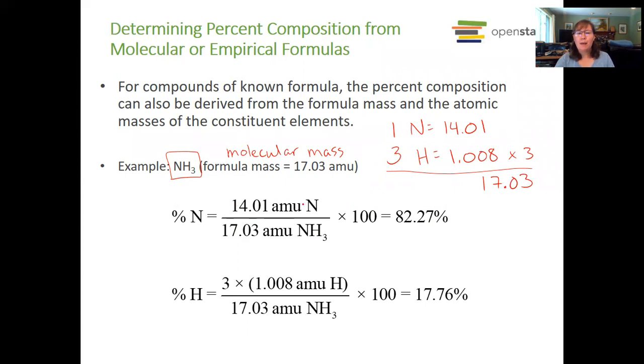And so it's the mass of the nitrogen in the compound divided by the total. And here you have the mass of the hydrogen in the compound divided by the total. Turn into a percent, and you would say that in ammonia, you have 82.27% nitrogen and 17.76% hydrogen by mass.